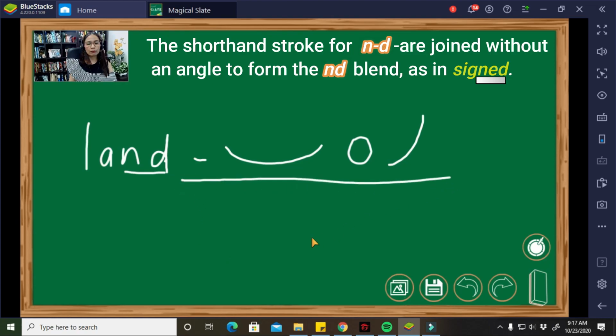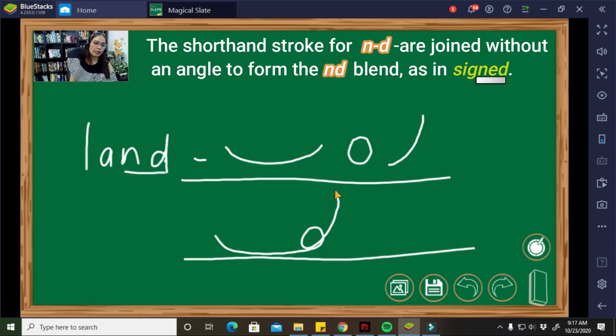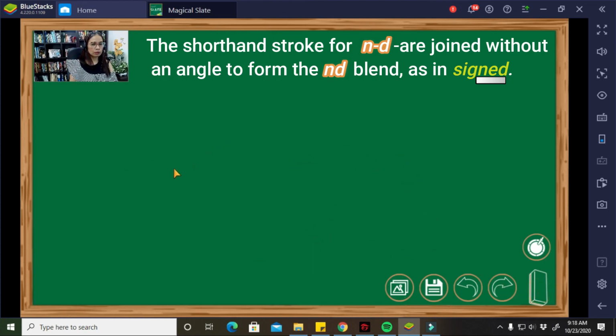If this is your line of writing, we have the L, then let's put the big circle inside the curve and the blending symbol there. ND blend, land.